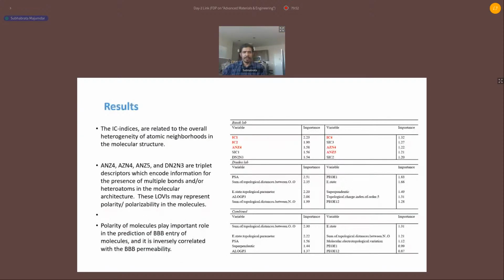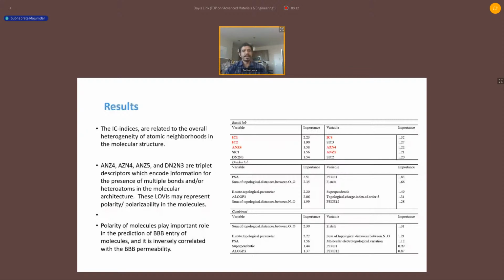Coming to the results, first let's check out a few of the high importance descriptors. We found that some IC indices came up on top, which are related to the heterogeneity of atomic neighborhoods.